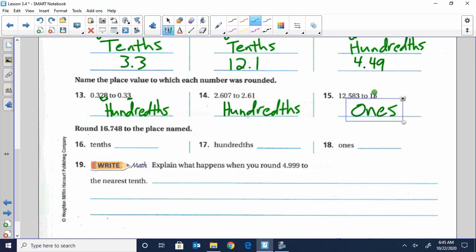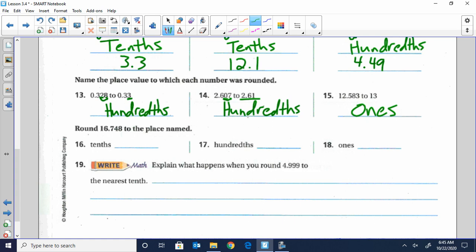The 8 tells the 2 to bump up to a 3. Number 14 was also rounded to the hundredths place. The 0 looked to the 7. The 7 told it to bump up. And we also know it's the hundredths place because it's 2 and 61 hundredths. So the last place it has a digit is in the hundredths place.